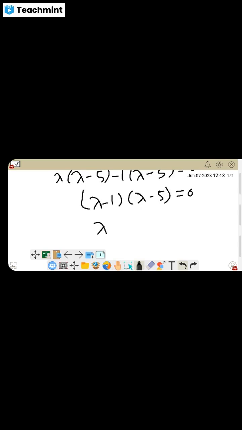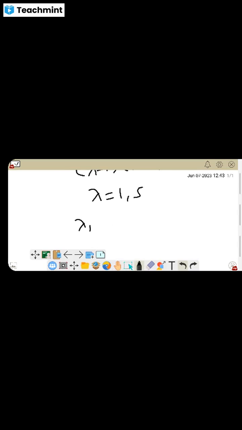Now we have lambda is equal to 1 and 5. So here we can say lambda 1 is equal to 1 and lambda 2 is equal to 5, means first value is 1 and second value is 5.